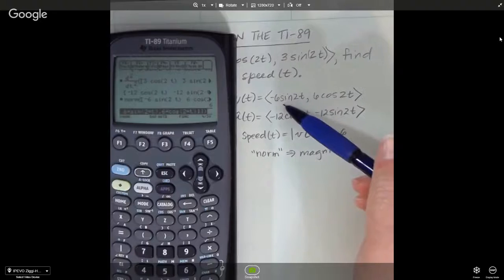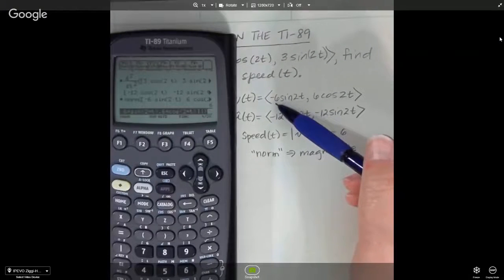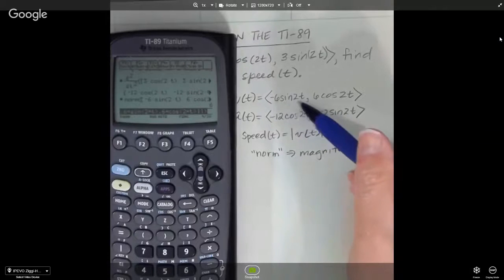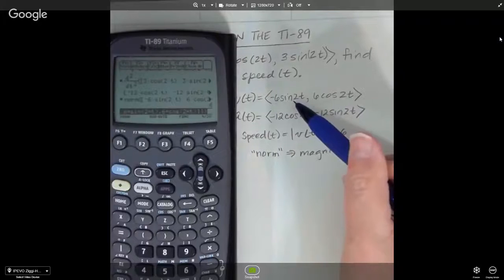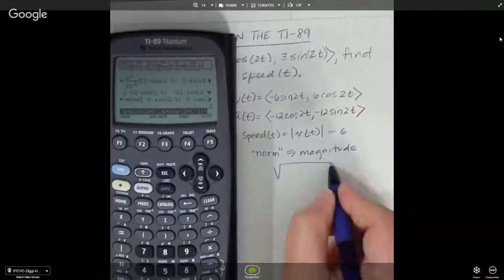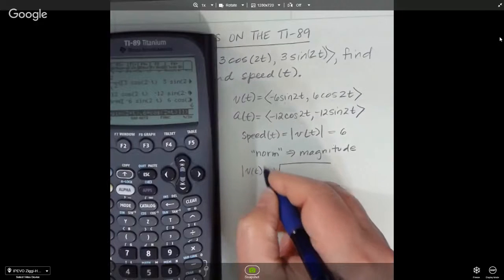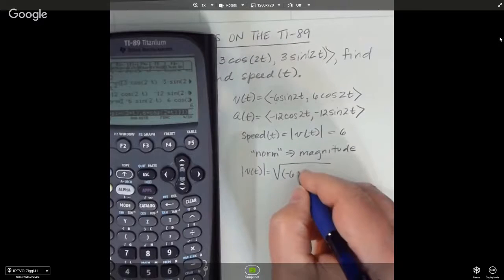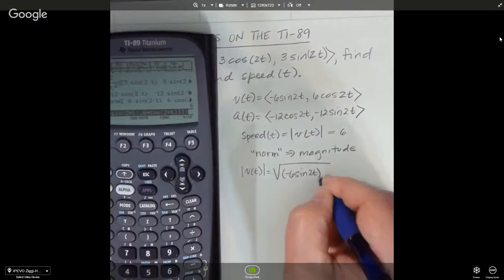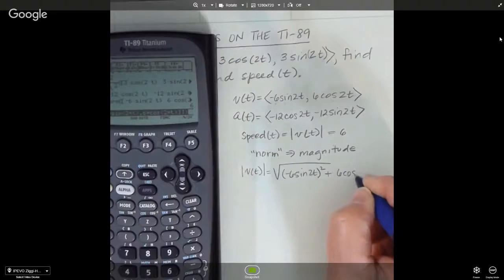When I square the components, I get 36 sine squared 2t plus 36 cosine squared 2t. If I were to do this by hand, the magnitude of a vector is equal to the x component squared plus the y component squared, under a square root.